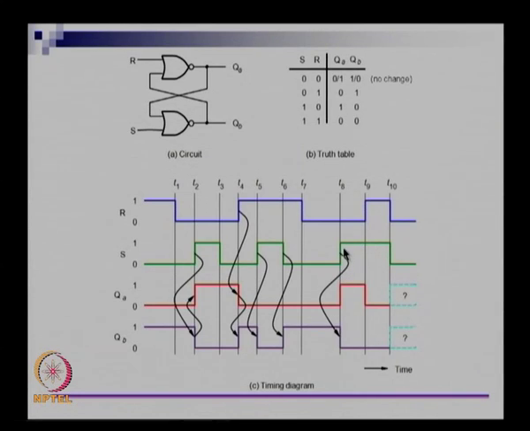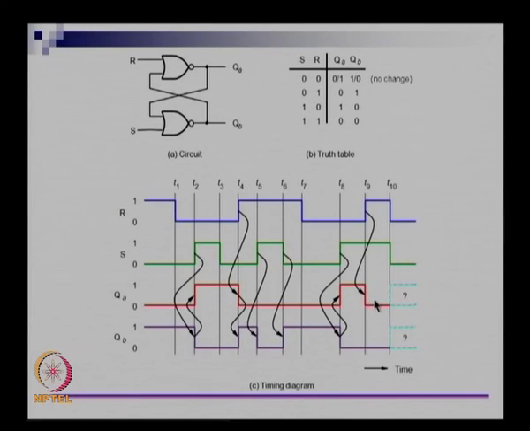If S comes on when R is 0, then QA will go on, right. So when S comes on, QB goes 0, because of which QA goes on, right. So this is the sequence, because of the green line going 1, the purple line will go to 0 and the red line will go to 1. So far everything is all right.